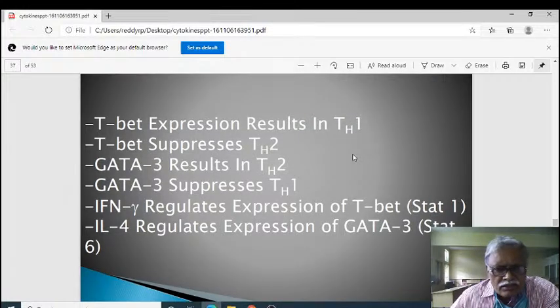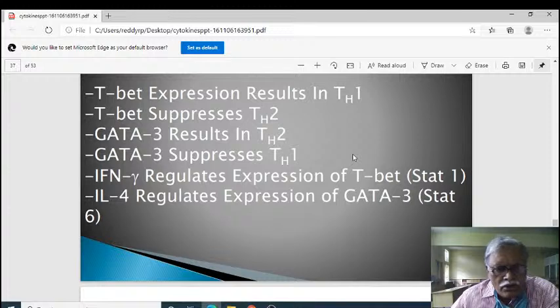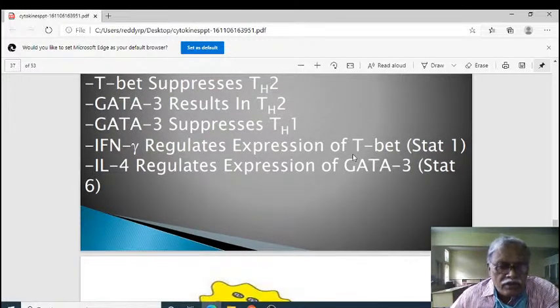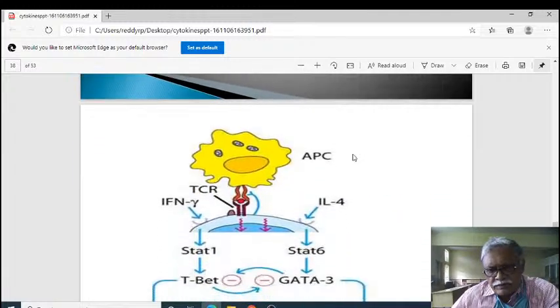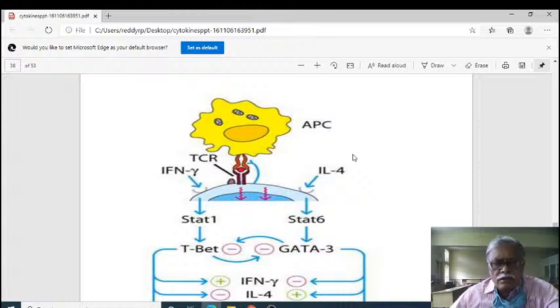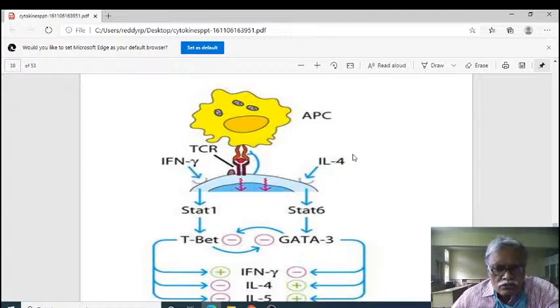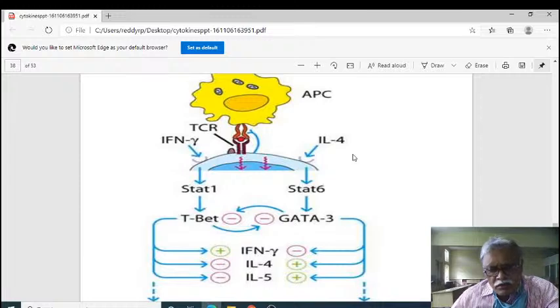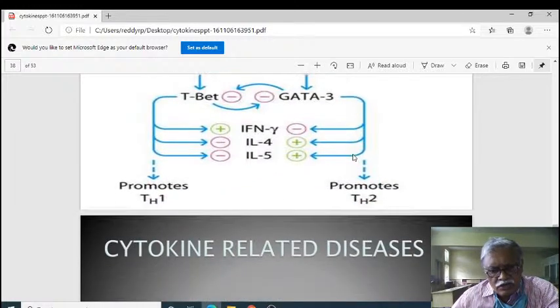GATA3 results in T helper 2, and GATA3 suppresses T helper 1. Interferon gamma regulates expression of T-bet and STAT1, and interleukin 4 regulates expression of GATA3. So this is how the inflammatory process takes place.